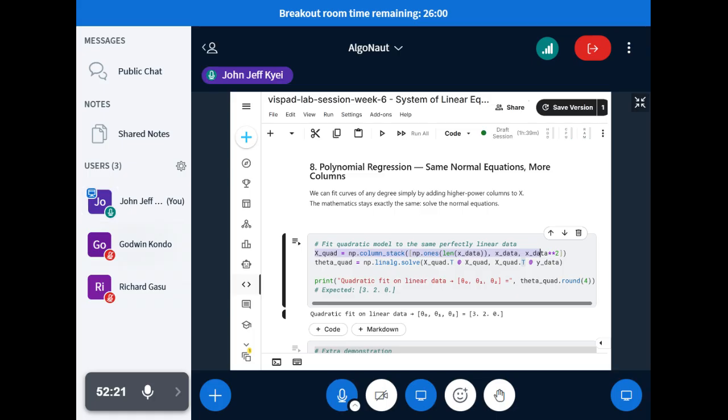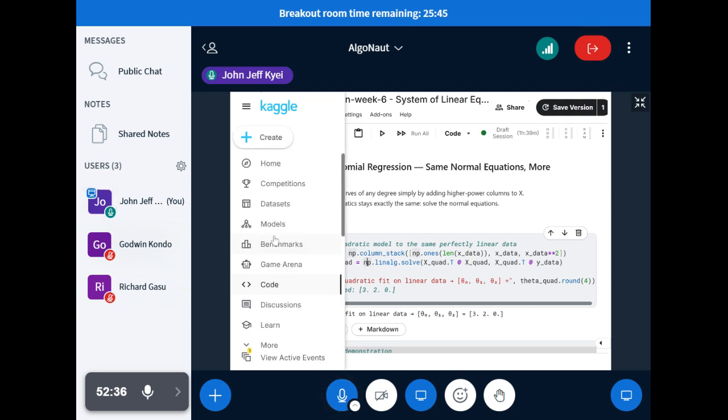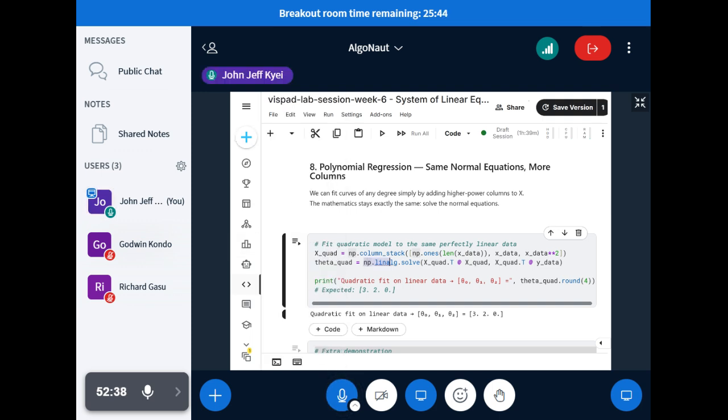So this is us building our quadratic design matrix. And then we go ahead to solve for theta using the linear algebra solve function.